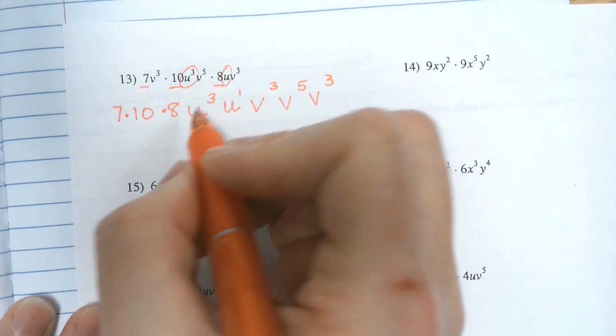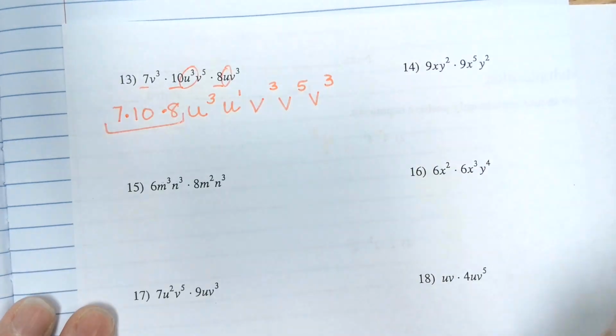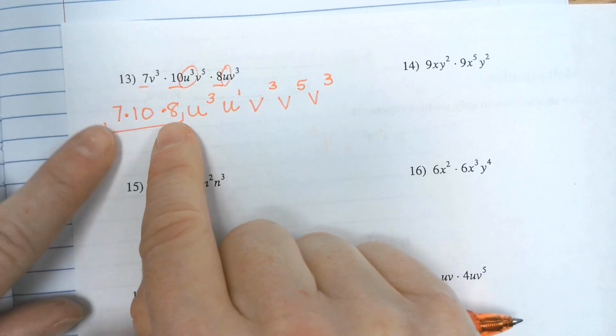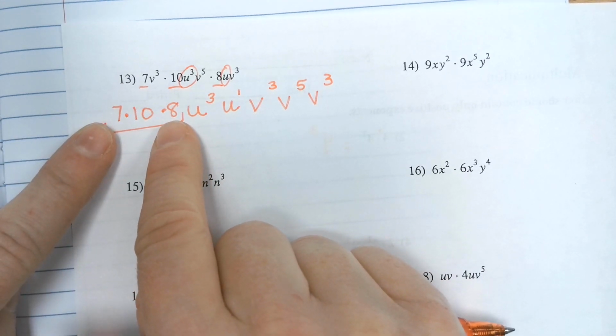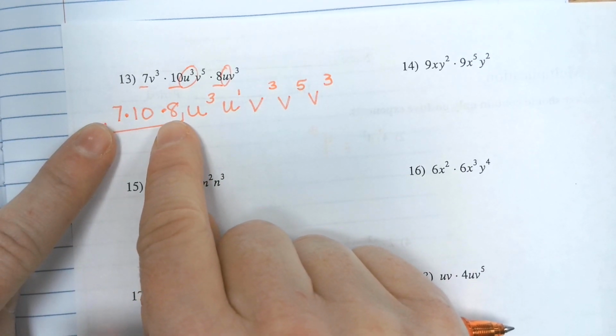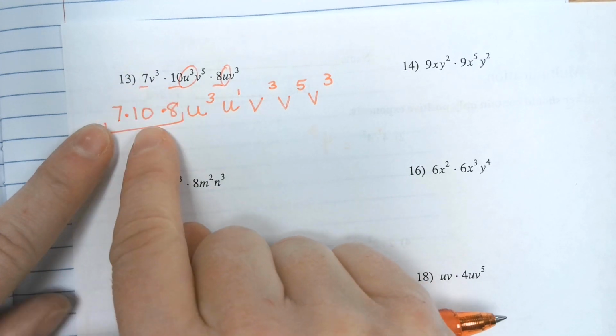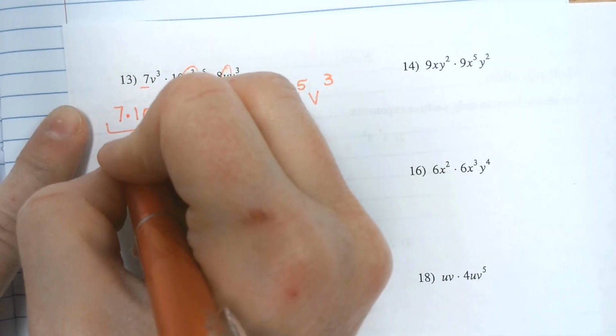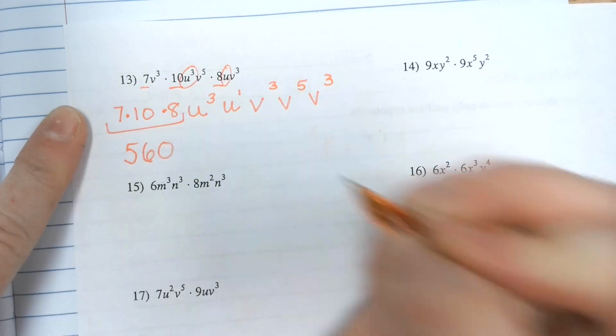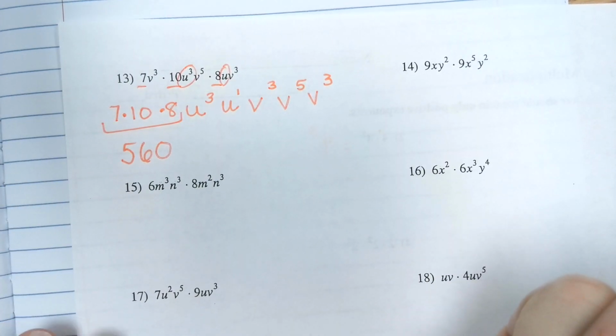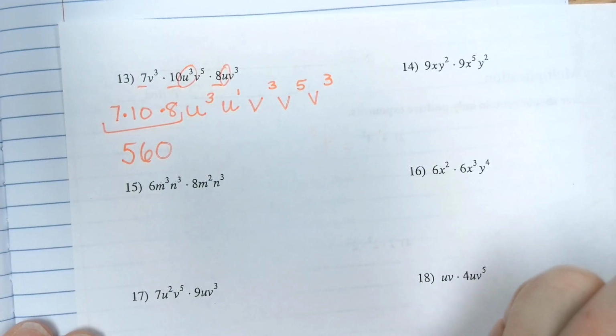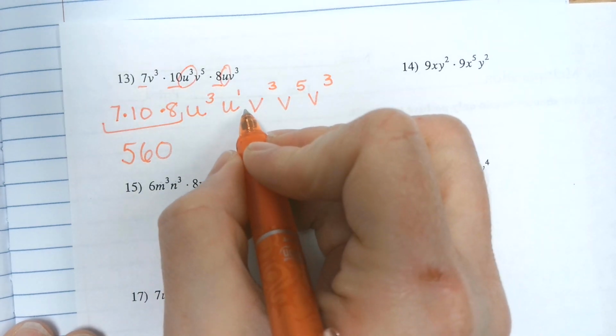Now we got to multiply together. Let's multiply our coefficients. 7 times 10 times 8. I think it might be easiest to multiply 7 times 8. What's 7 times 8? 56 times 10. 560, yeah. All right. So we got the coefficients. Now we do the u's.